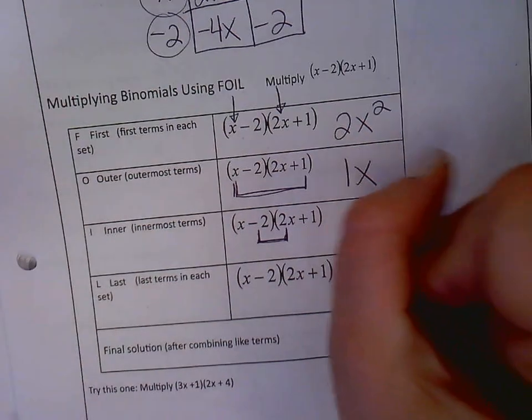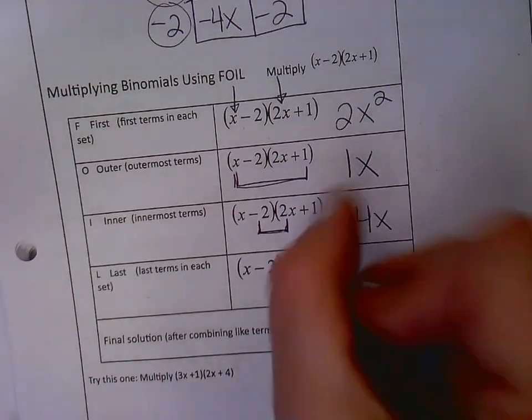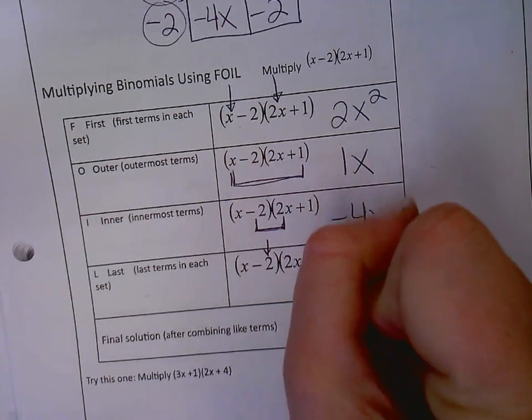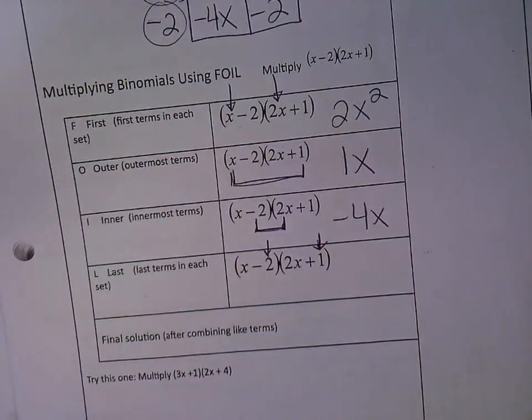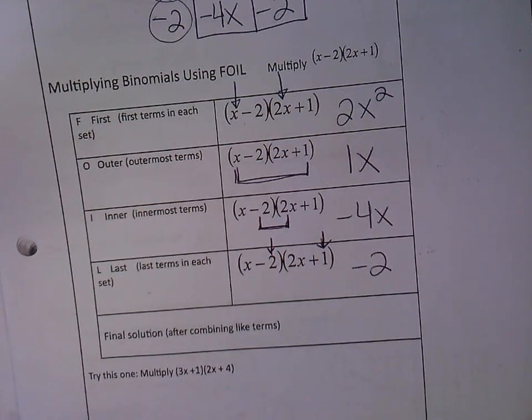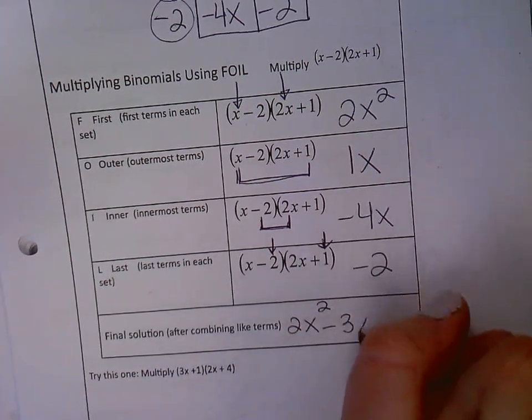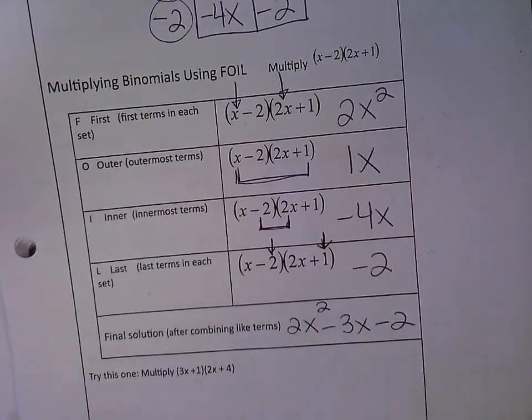That's where your negative 4x came from. And then last, the last term and the last term gives you the negative 2 that you already got from the box method. And then your final solution again is 2x squared minus 3x minus 2. We get the same answer.